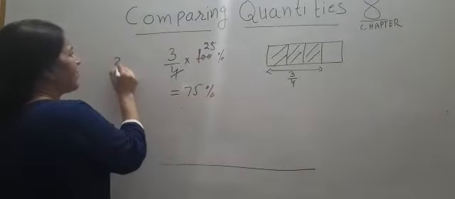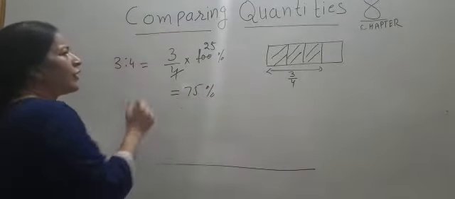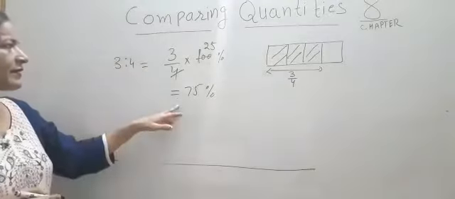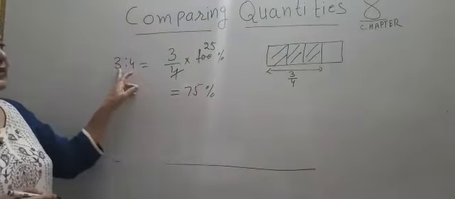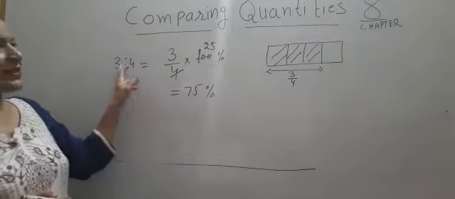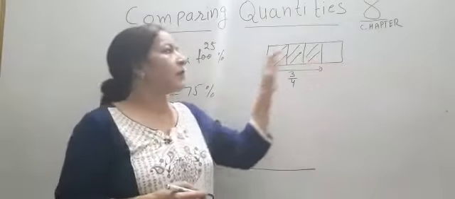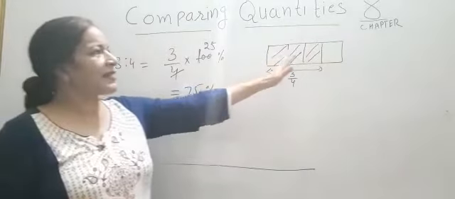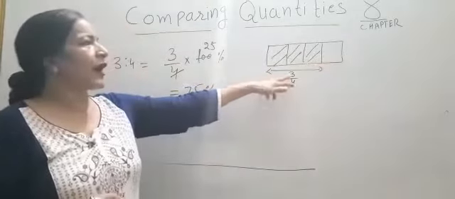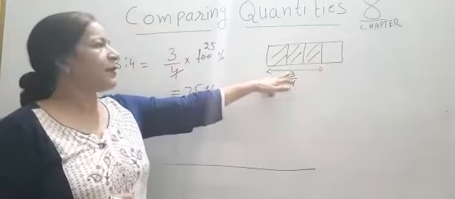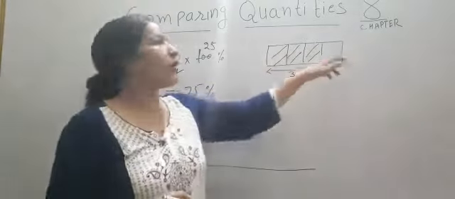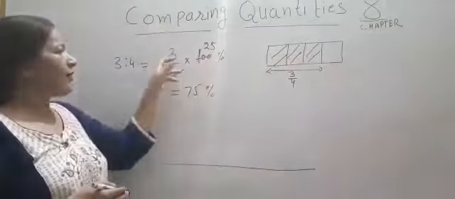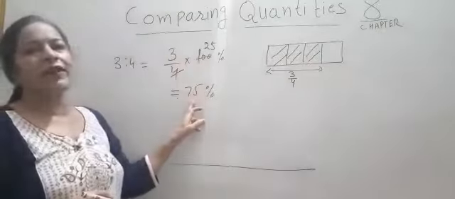So easily I converted 3:4 into percentage. Again listen. 3:4 means this is your one chocolate. I ate 3 parts of this chocolate. I had made 4 parts in total. So out of 4 I ate 3. 3/4 of what? Whole. Whole means 100%. So 3/4 of whole is 75%.